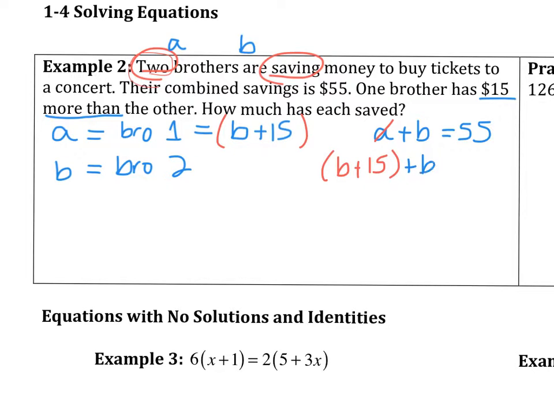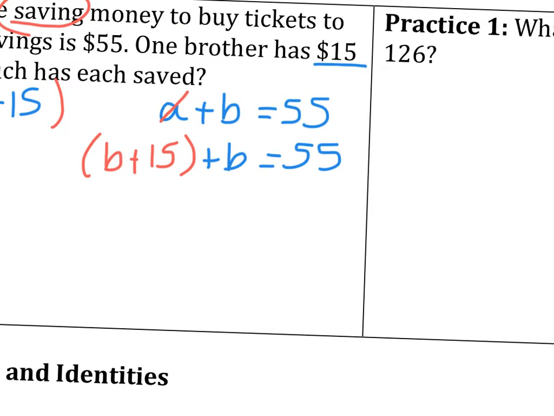So when we add the 2 brothers' amounts together, we have this expression. Now notice the A plus B equals 55 was my original idea. But I reinterpreted it after I got a little bit more information. Why? Because if you have 2 variables, you need 2 equations to solve it. So I was able to substitute in, so now I only have 1 variable that shows up twice, and now I can combine like terms.